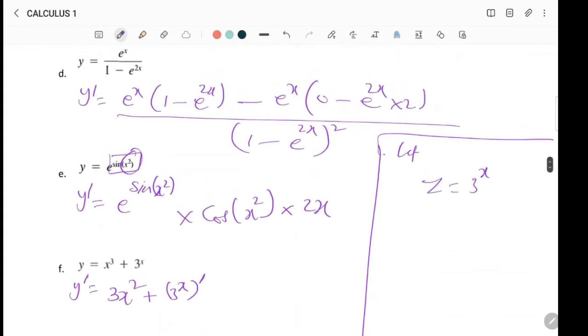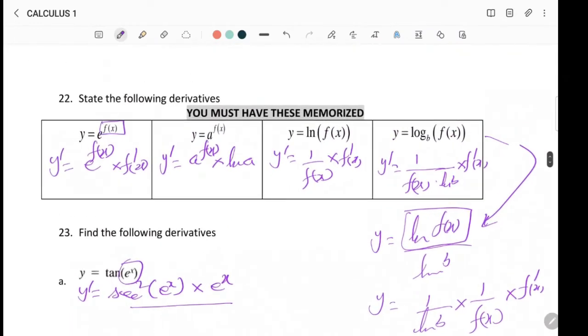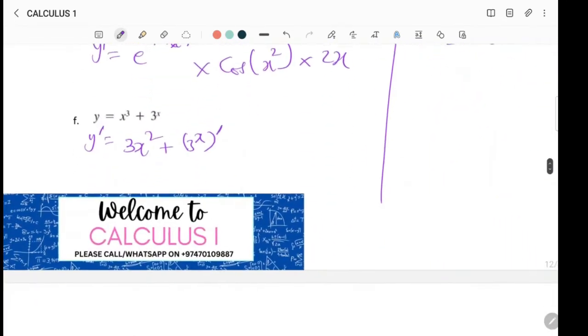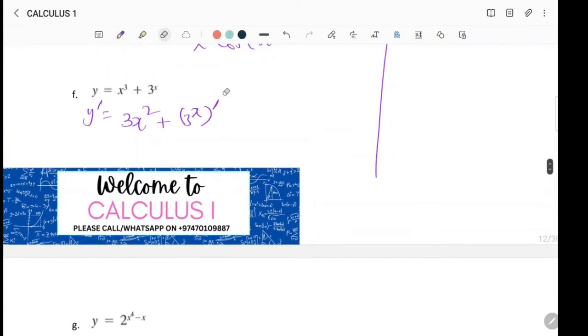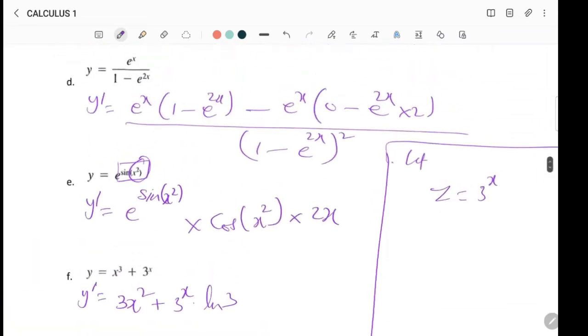You know, 3 to the power x we can differentiate from here: a to the power x ln a. So I think we can differentiate directly from here, no need to prove. So 3 to the power x differentiation is 3 to the power x ln 3 from here.